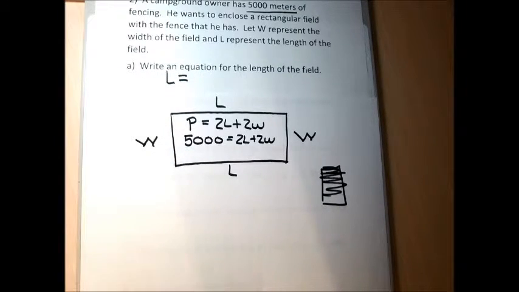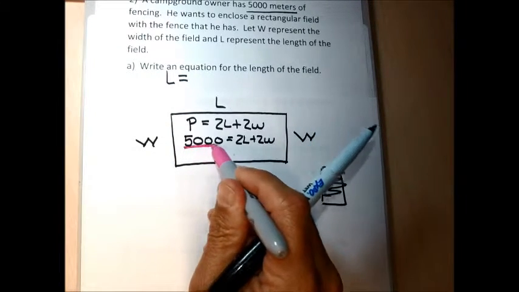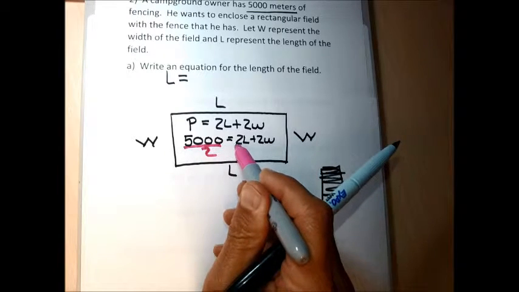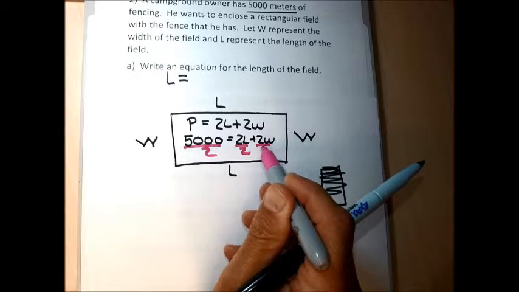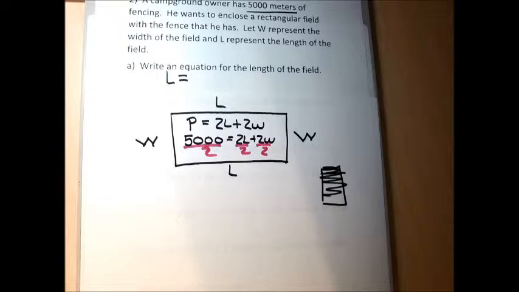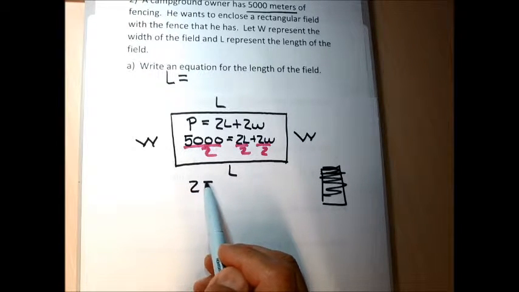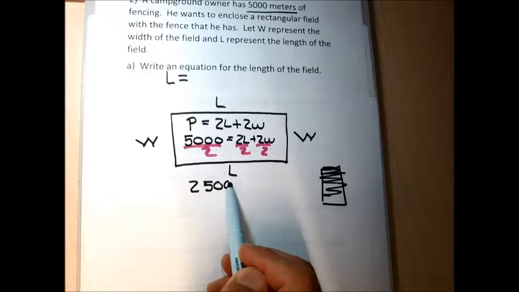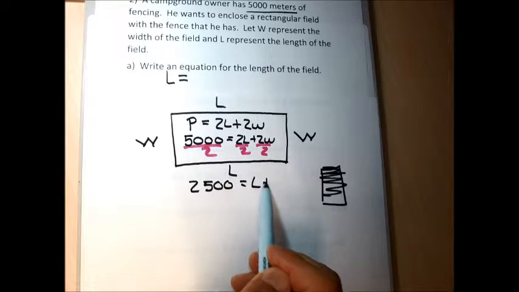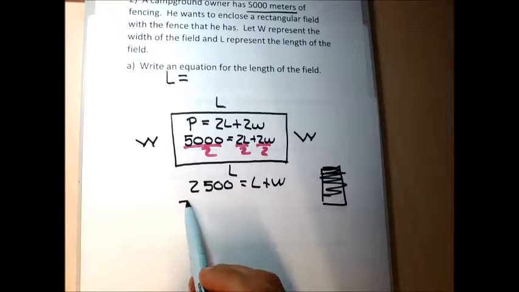And probably the easiest thing to do to get this equation is take my equation that I created before I got to any of the questions, and divide everything by 2. That will give me 2,500 equals L plus W. And then I can subtract W from both sides.